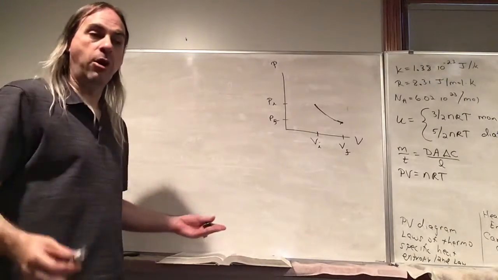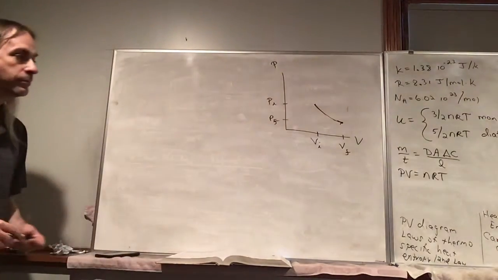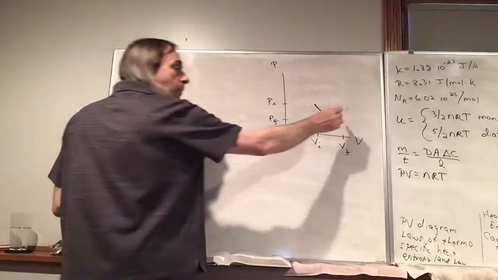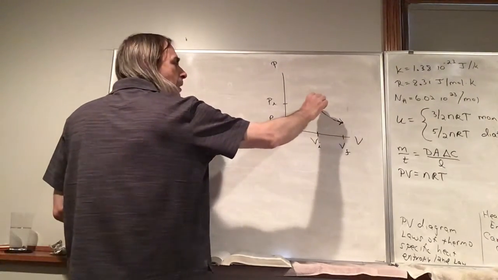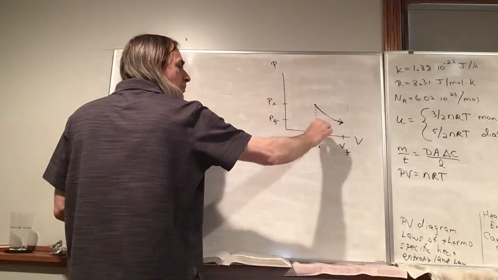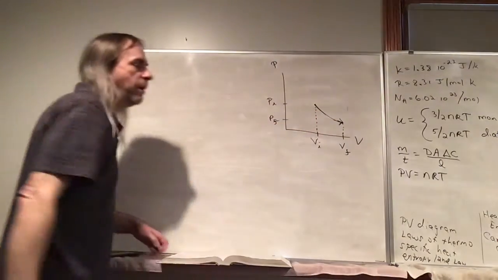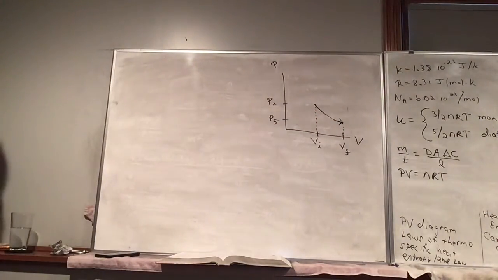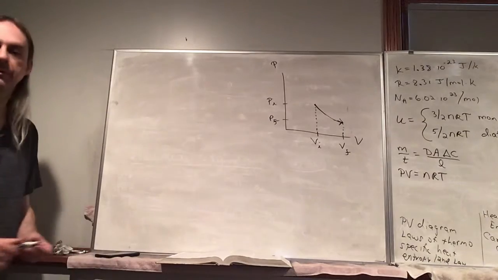Like you increase the volume, pressure decreases. Now, if we look at the area underneath that curve, that would tell us the work that the gas is doing on its environment.